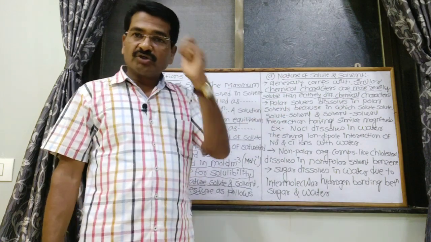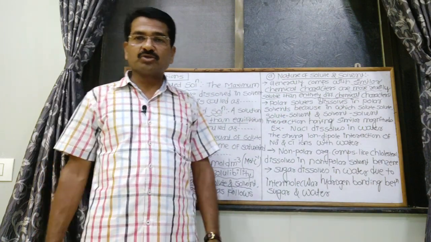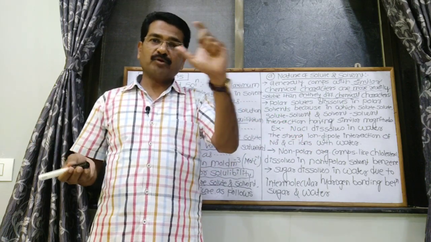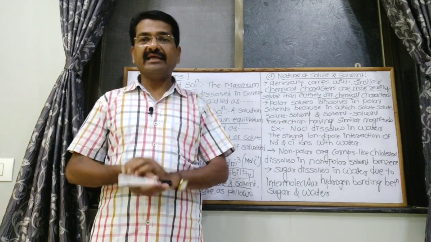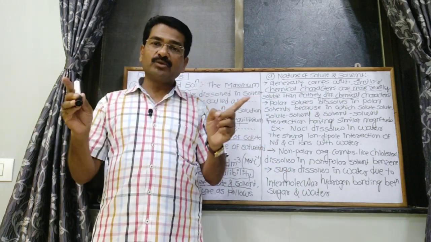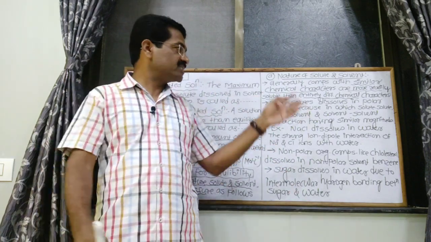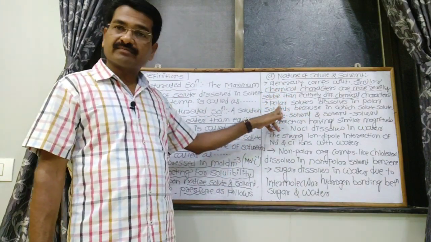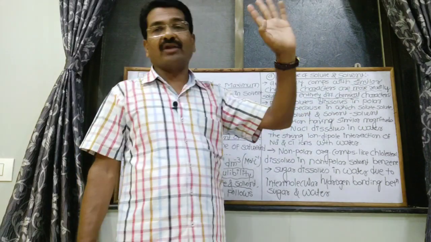Then polar solutes. Polar solutes means what? Those solutes can break up into opposite poles, one containing a positive ion and another containing a negative ion. The substances that break into ions are called polar solutes. So polar solutes dissolve in polar solvents.